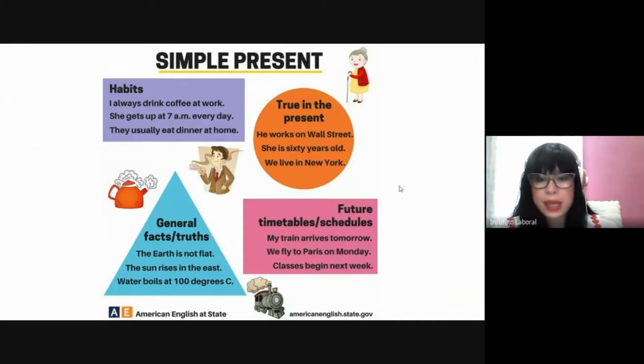Sometimes we express future using the simple present, adding a time word at the end. My train arrives. That's present. Tomorrow. Just by adding one word, tomorrow, we are using simple present, but with the sense of future. My train arrives tomorrow.